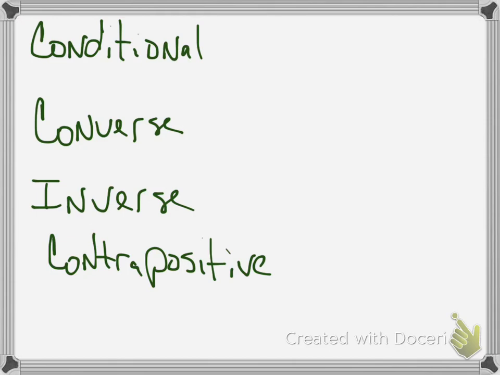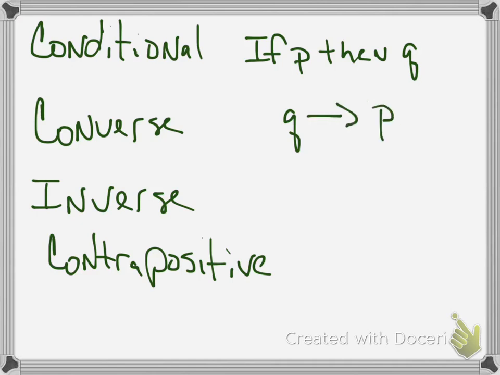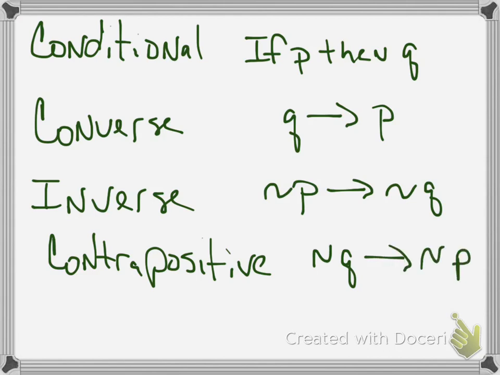A conditional statement says, like, if P, then Q. Converse would be if Q, then P. Inverse would be not P, not Q, and then the contrapositive would be not Q, not P. Remember, the little squiggly line here means not P. Okay, that means not.